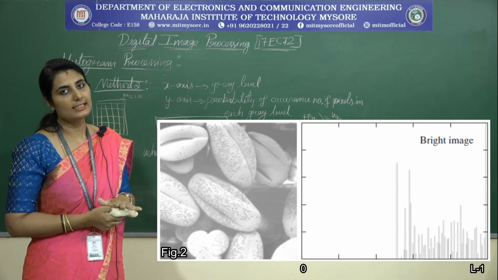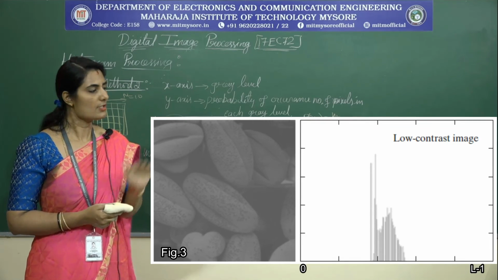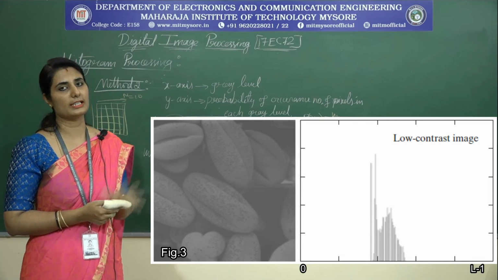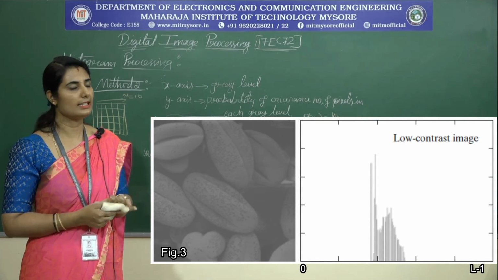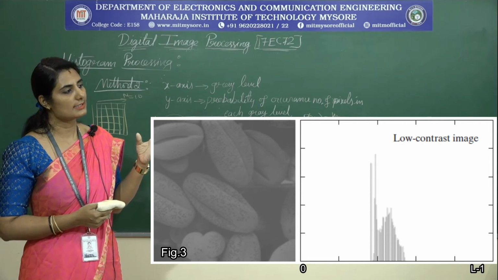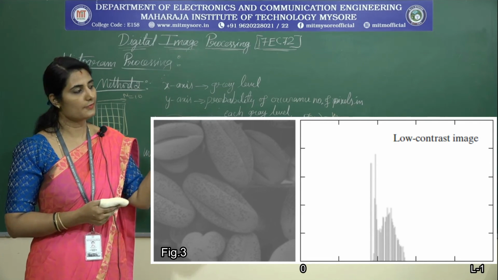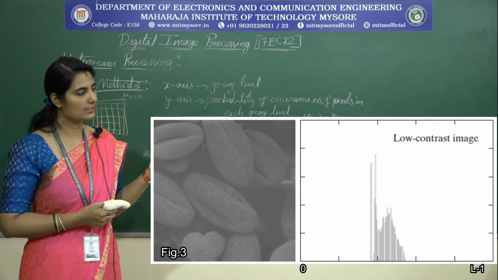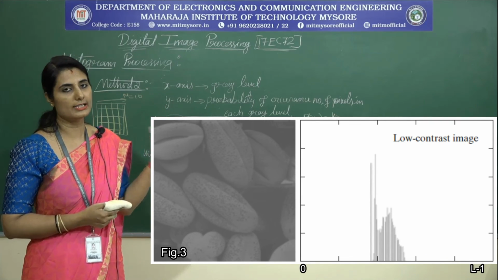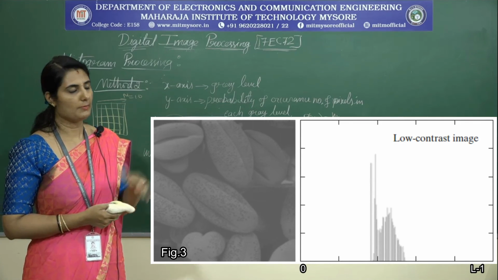Next consider the third figure. This is the low contrast pollen image. Even here the fine details are not visible clearly. Look at this figure 2, the histogram plot of this low contrast pollen image.